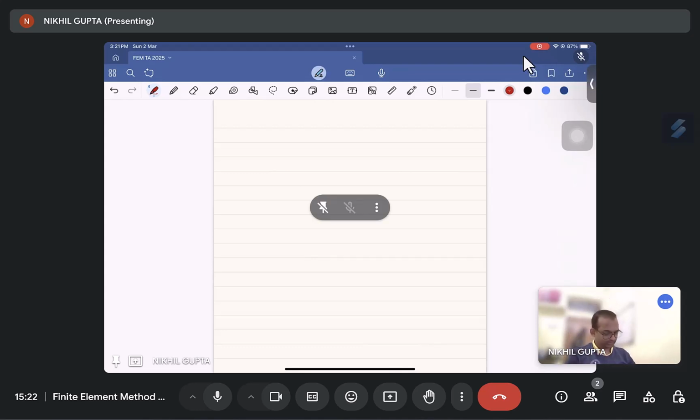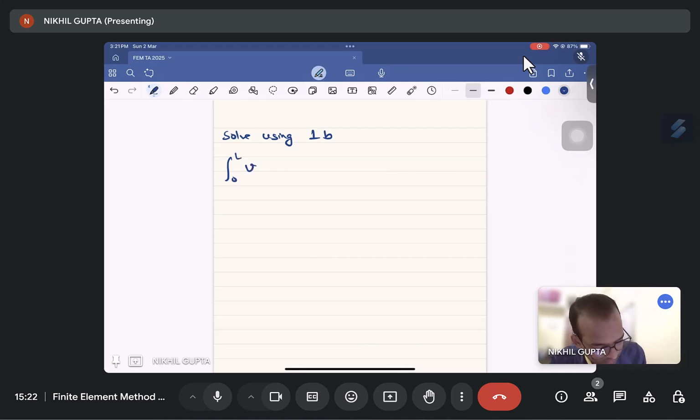So when we solve 1B, we can write integral 0 to L of v2 d by dx of ks GA (dw by dx minus theta) plus q dx equals 0. Again we have to apply integration by parts.